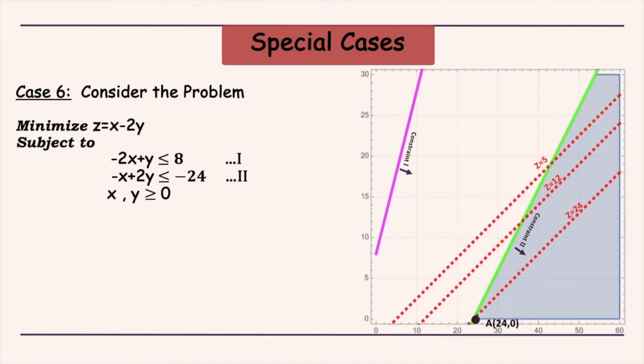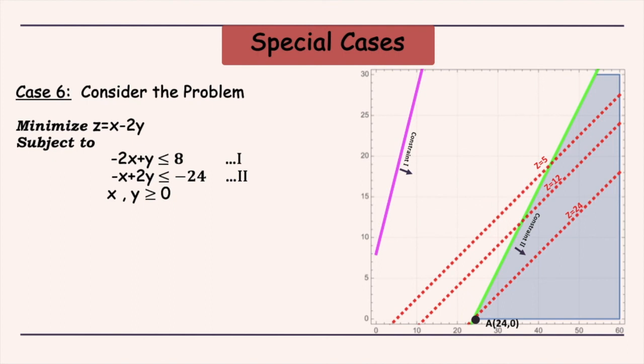So, what do we notice here? A difference between the previous case and this case. There we could not reduce z beyond 24 while restricting to the feasible region, but here we can see that even if we remain in the feasible region and we move in this northwest direction, our objective function can be made as small as we want.